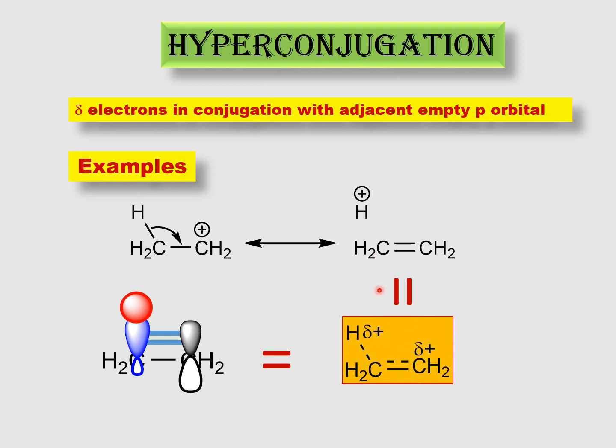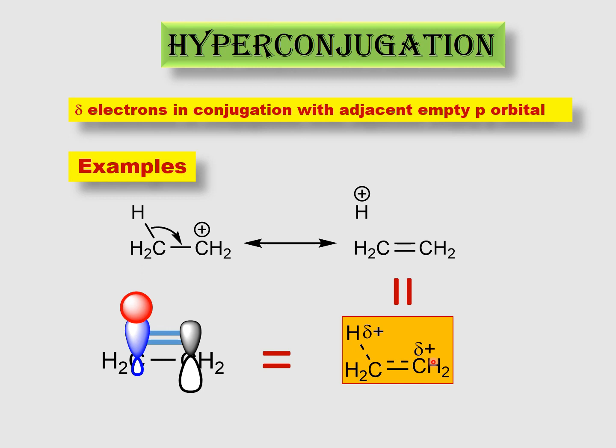So what you see now is an untrue sigma bond between carbon and hydrogen, and here between these two carbon atoms we have a double bond, but this pi bond is shown with a broken line, which means it's not a true pi bond. And that shows that resonance or conjugation or delocalization is happening in this system.